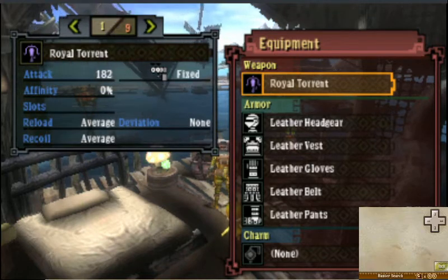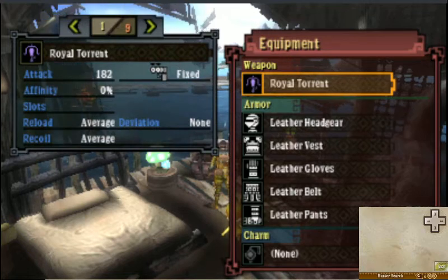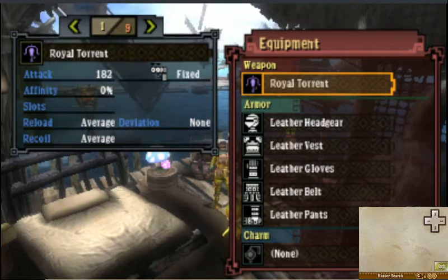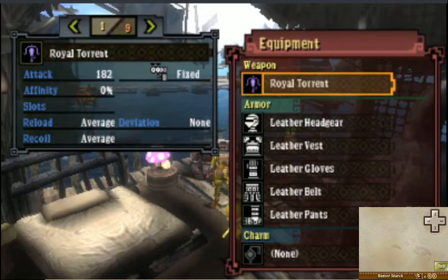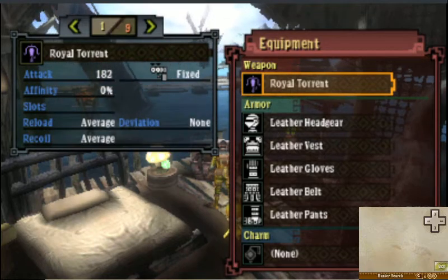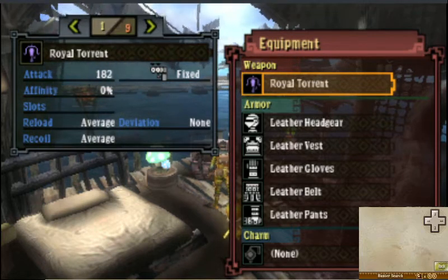Recoil gives you an indication of how far back and how long your animation will be between each consecutive shot. And lastly, the deviation value tells you how much your shots will move away from the center of the crosshair.